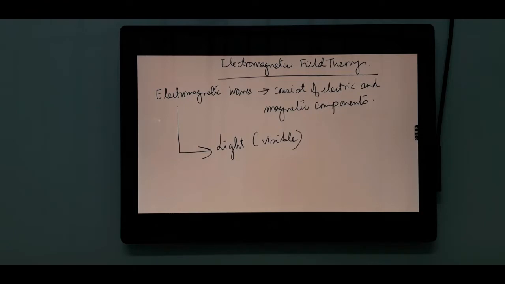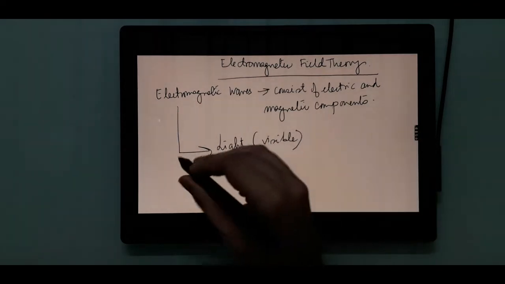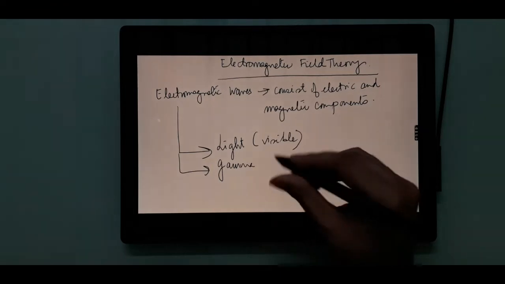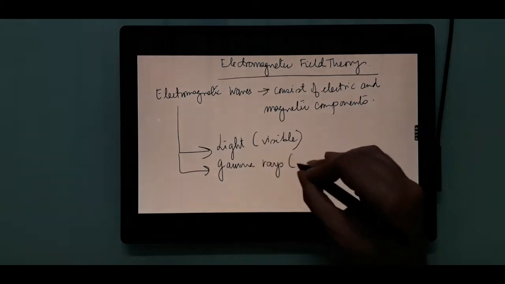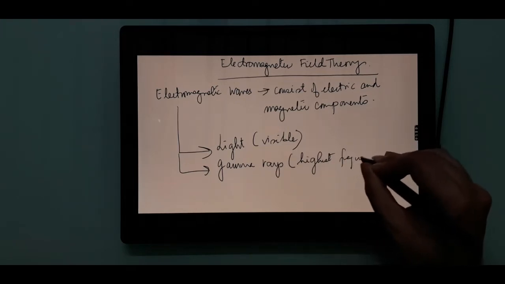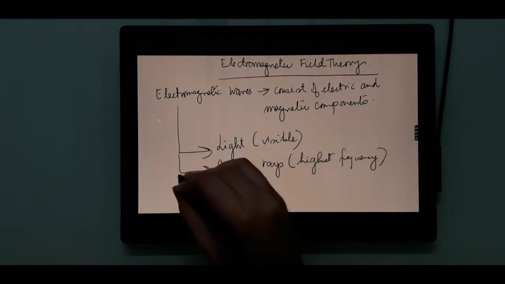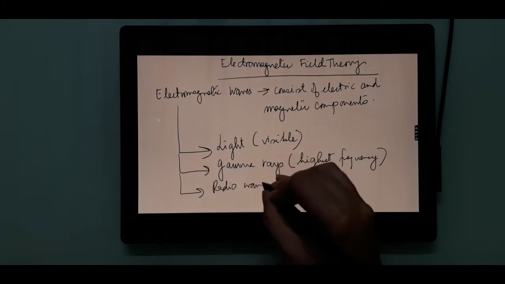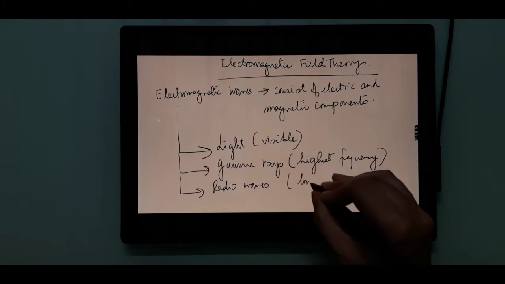So you may know this, that electromagnetic waves consist of very high frequency waves, including gamma rays, down until radio waves, which are the lowest frequency.